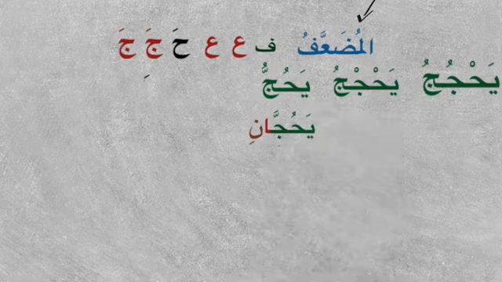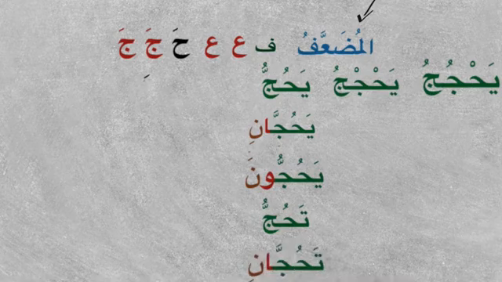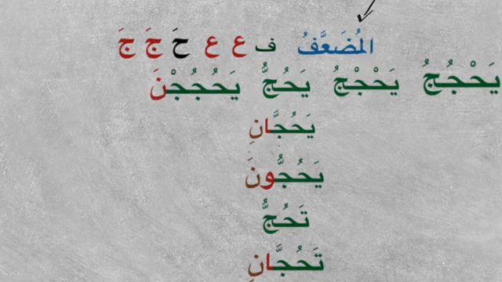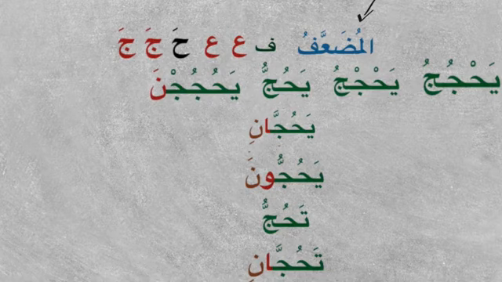Yahujjani, yahujjuna, tahujju, tahujjani, tahujjina. Again, in mudari', how many mutaharrik pronouns do we have? We know it is only hunna and antunna. Whenever there is a mutaharrik pronoun, we break the idgham, because the noon comes and asks for a sukoon on the lam kalima.